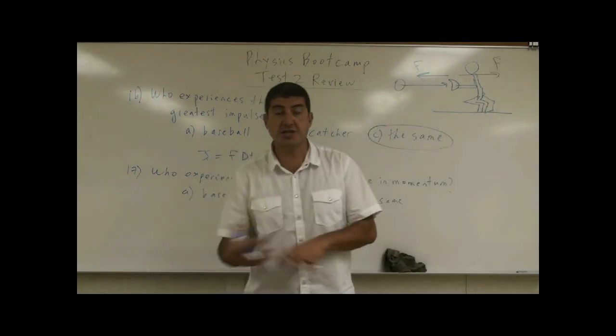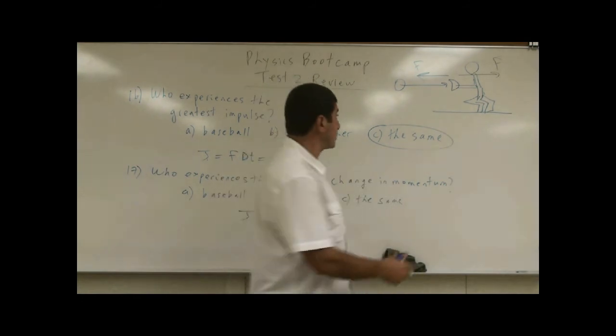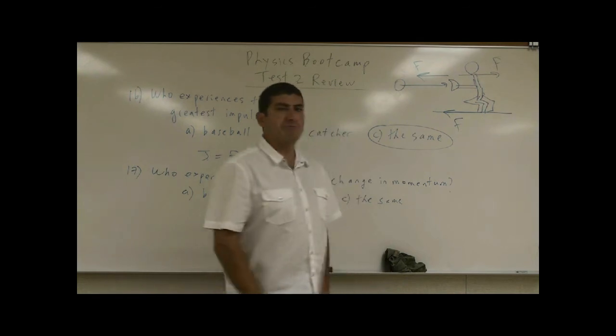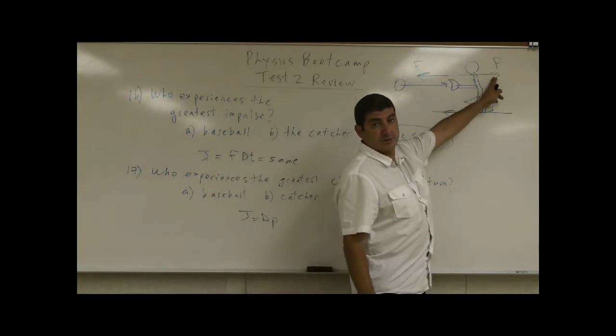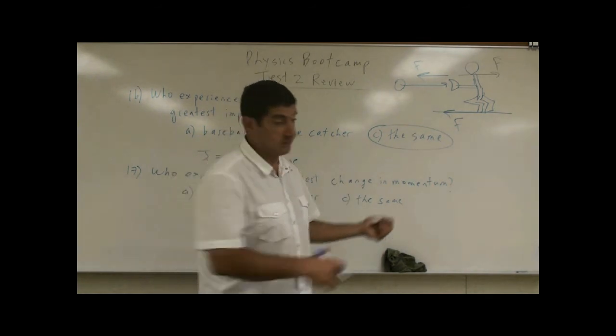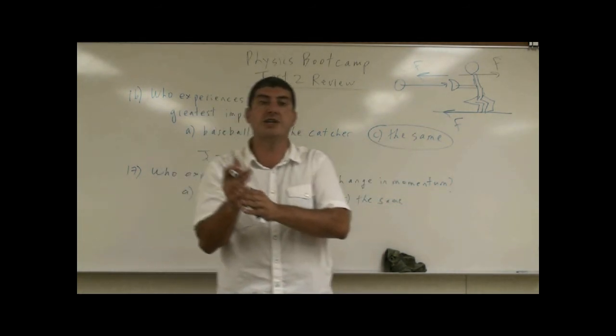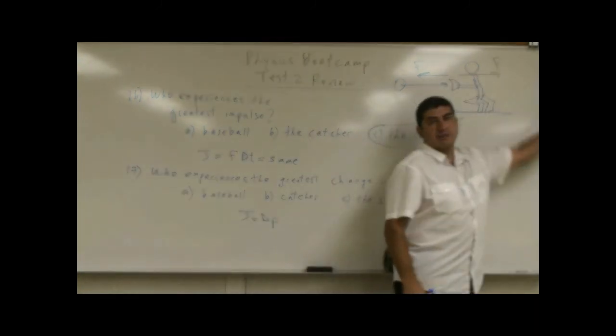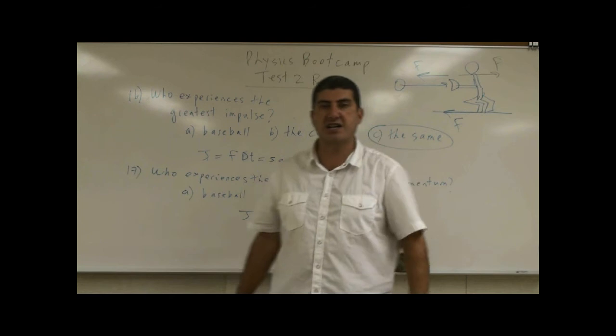The ground exerts an external friction force, right, on the person and balances out the force of the baseball, right? So if there was no ground friction, of course, then the ball would hit the person and together they would go backward, right? Together as a system, if it was on frictionless ice.